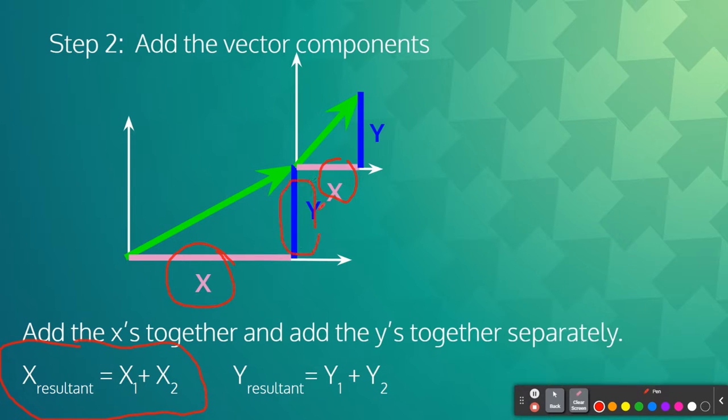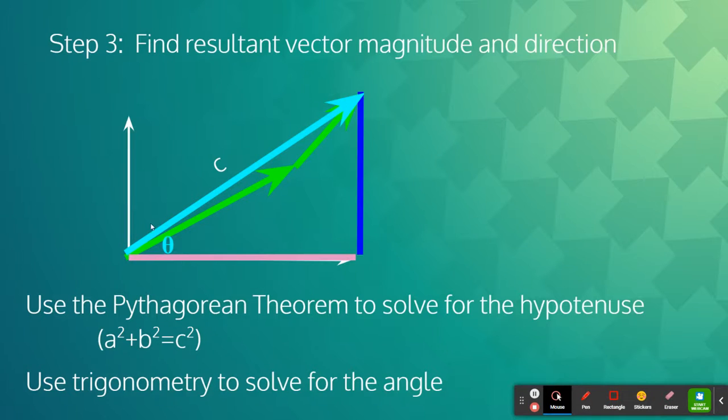And then I want to know how far up I went, so I need to add this plus this, and that's how I'm going to get my resulting y vector. What that looks like is something like this, where I'm adding the two together to get the overall x and the overall y to be able to figure out this new resulting vector in light blue.